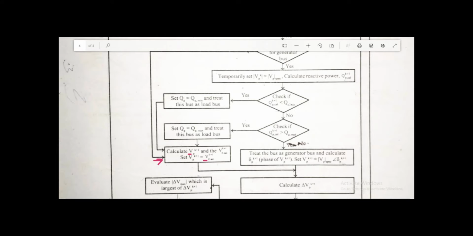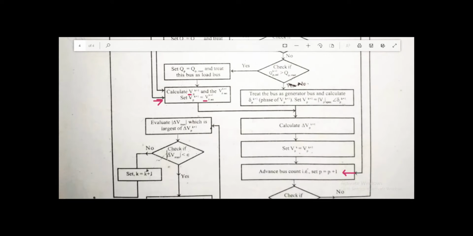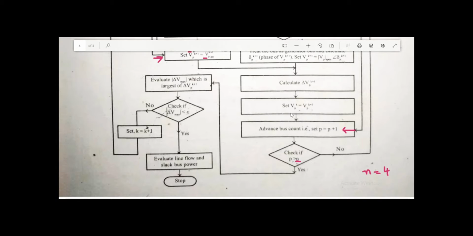You're simply checking whether the difference is less than your set criterion. For that you're just calculating the delta. Then you'll be setting the assumed value equal to your calculated value, because you had initially assumed the voltage as 1 plus j0. Now you have some calculated value of voltage, and you'll be setting that voltage.